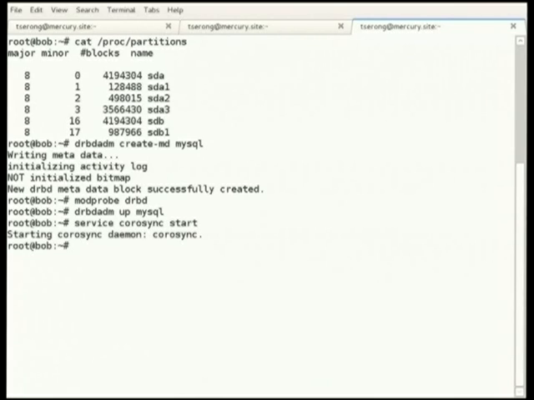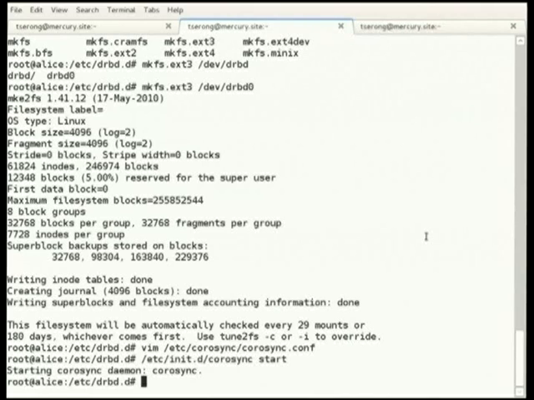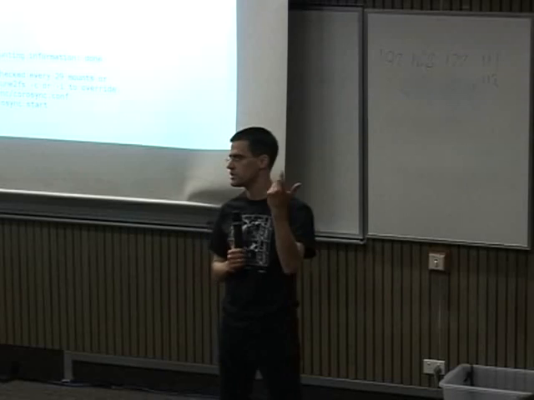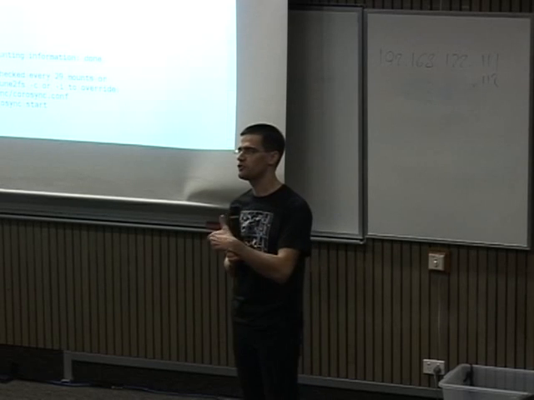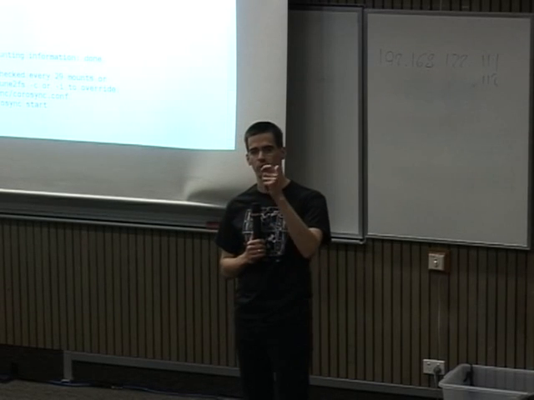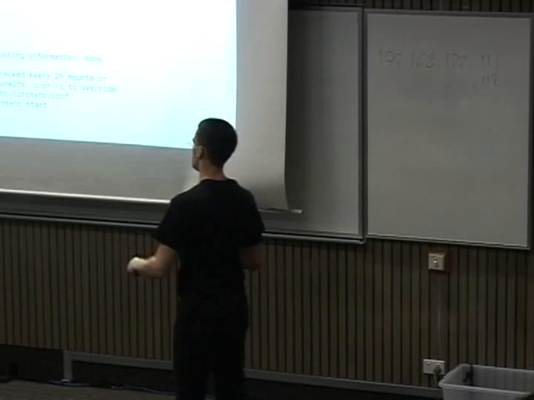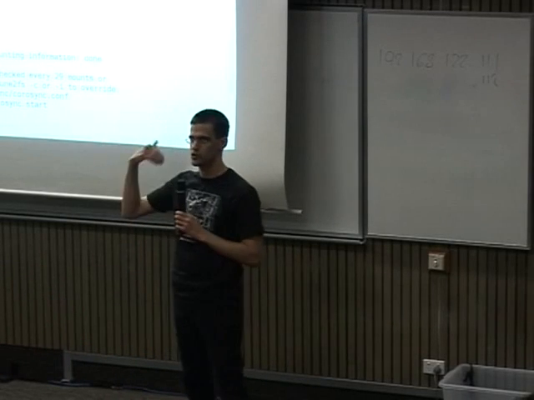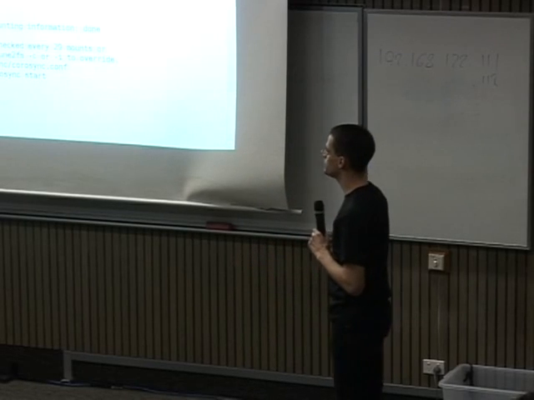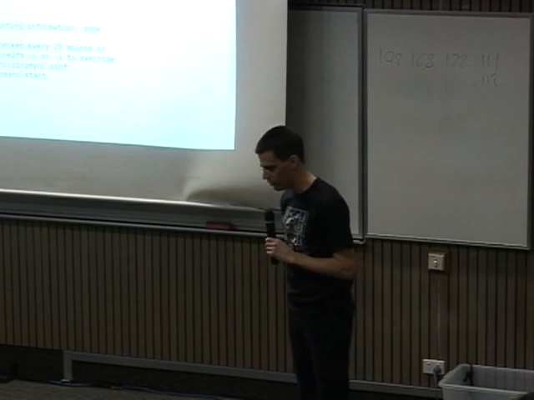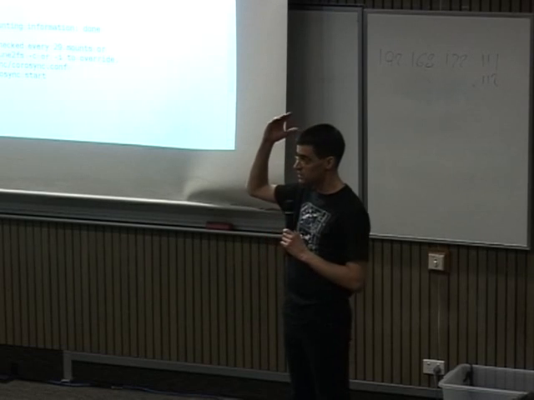Okay, anyone worked with Pacemaker 1.0 as opposed to 1.1? Okay. In the Pacemaker 1.0 series, the Pacemaker daemons themselves would be children of the Corosync process. And that meant that you didn't have to do anything other than start Corosync, and it would start Pacemaker or several Pacemaker-related daemons as its children. In Pacemaker 1.1, we have the ability to use what we call the Pacemaker master control process.